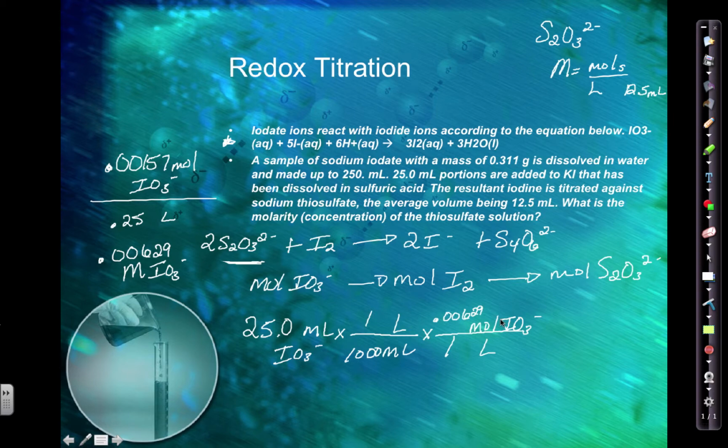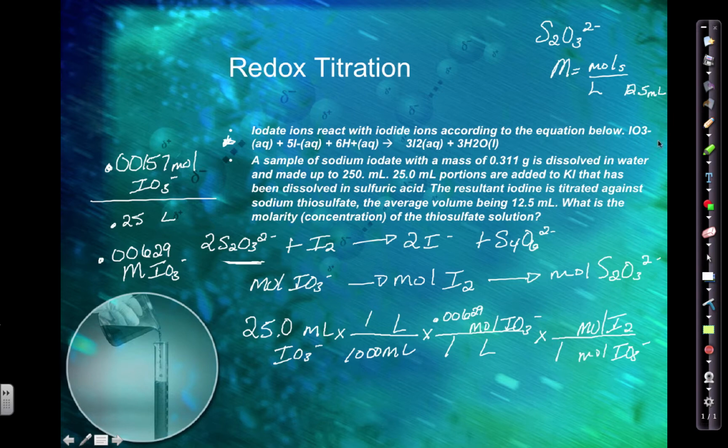or actually, I have iodate here. If I want to go to moles of iodine, I can just simply go to iodine with the chemical reaction above. So now that I'm in moles of this, now I can go to moles of the other substance. So moles of iodate on the bottom, moles on top of moles, I look at the coefficients, and that's the first reaction.